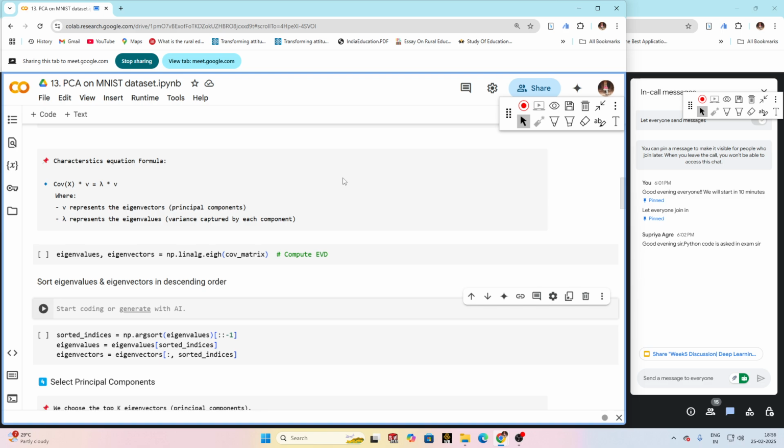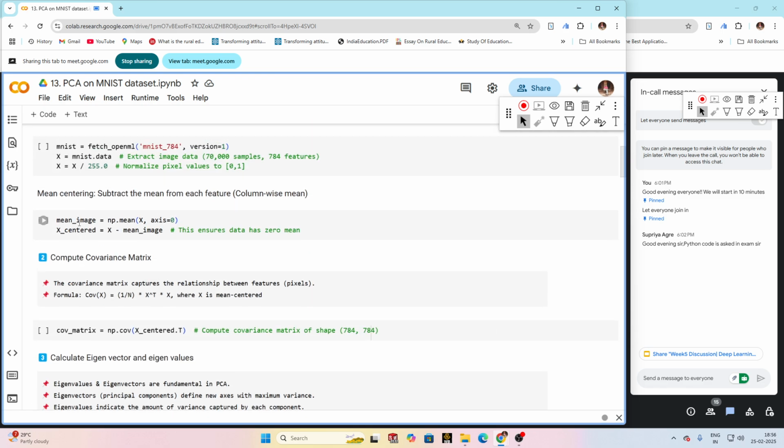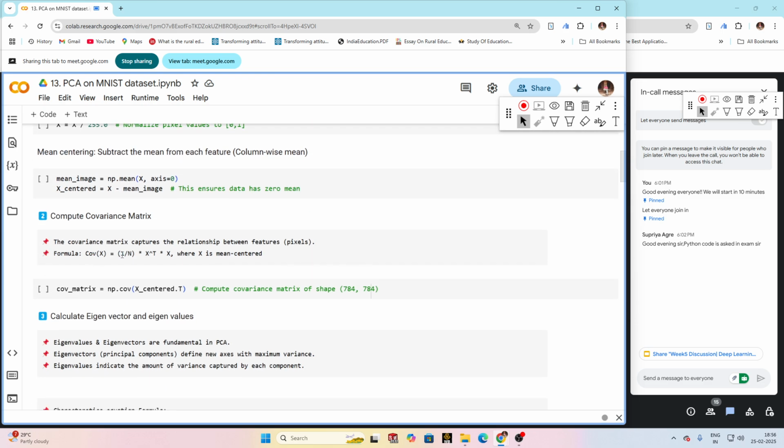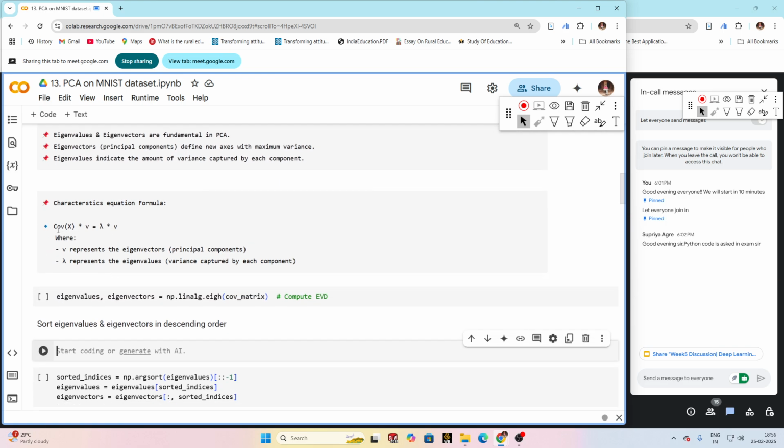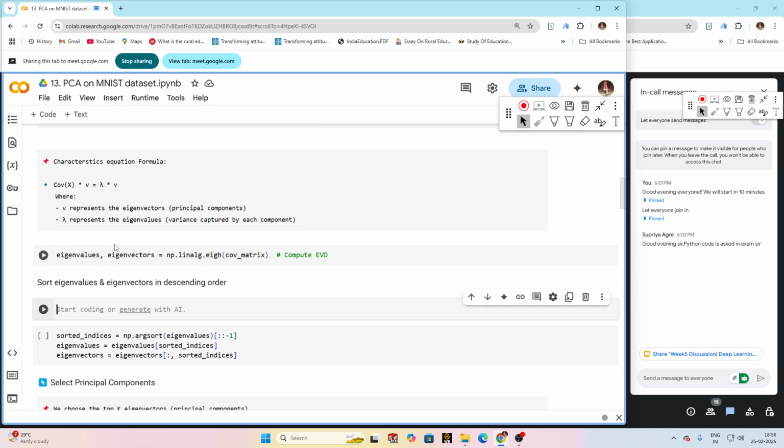If we have a matrix A, then we write A into the eigenvector, let's say the eigenvector is v. So A v equals lambda v, where lambda is the eigenvalue and v is the eigenvector. Now we have to find the eigenvalues and eigenvectors of the covariance matrix that we have just calculated. So we write covariance times v equals lambda times v. By that we can find the eigenvectors and eigenvalues, that is lambda and v.